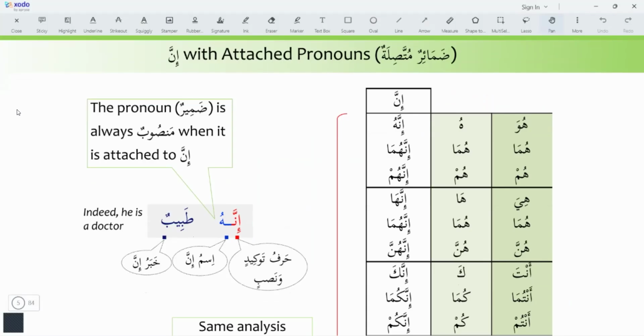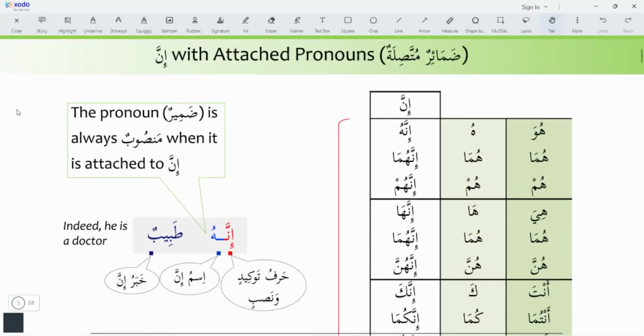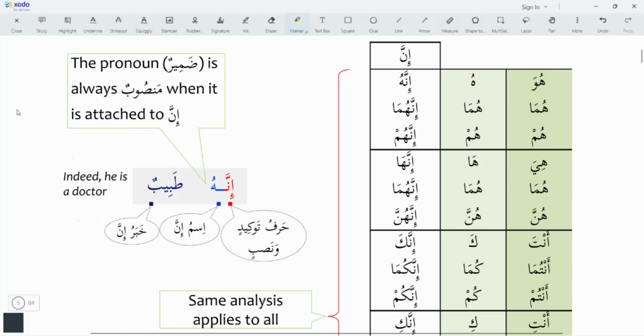Here we can learn with the damair. We will try to attach the damair. It will be more clear. Inna attached with the pronouns, damairun muttasilatu. First we can look at the example.